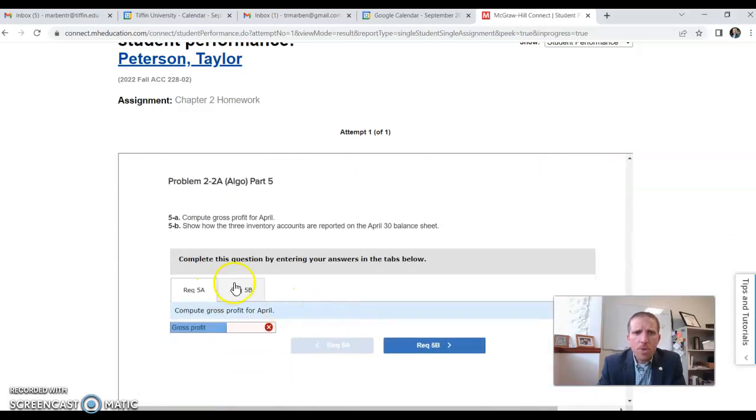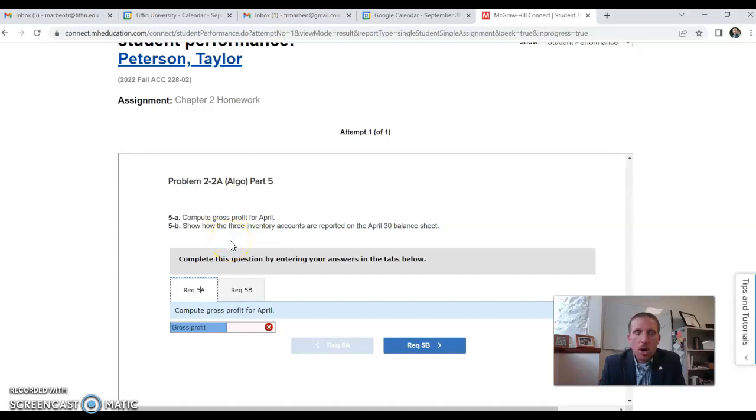Oh, and then the gross profit. Remember what the gross profit is made up of, right? It's our revenue for anything that we sold minus the cost of those particular jobs, since we're looking at this job shop.